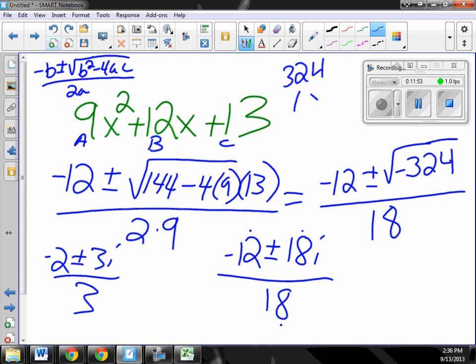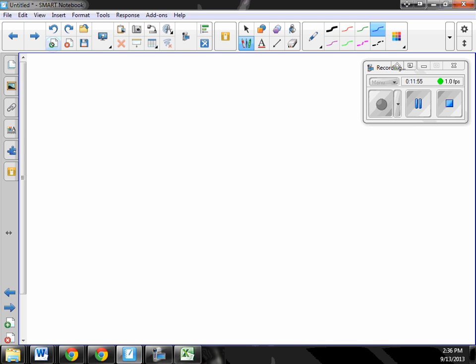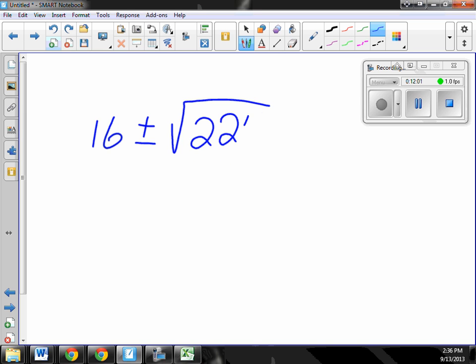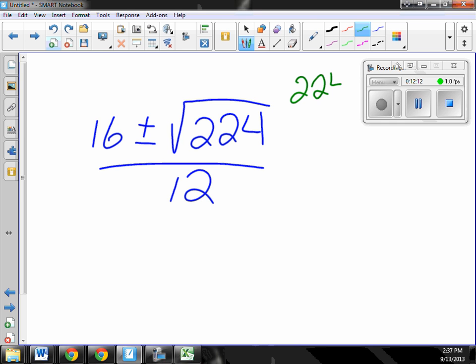Okay. What if I would have ended up with, say, 16 plus or minus the square root of 224 over 12? If you end up with something like this, we factor down 224.